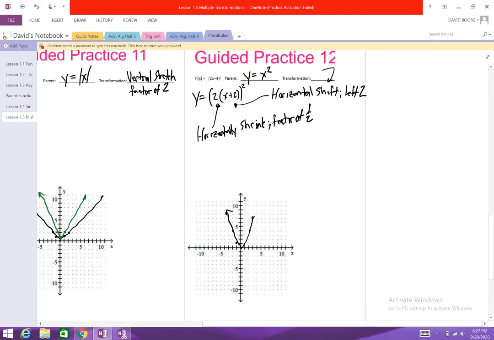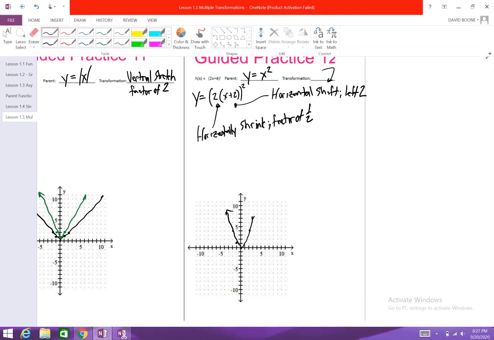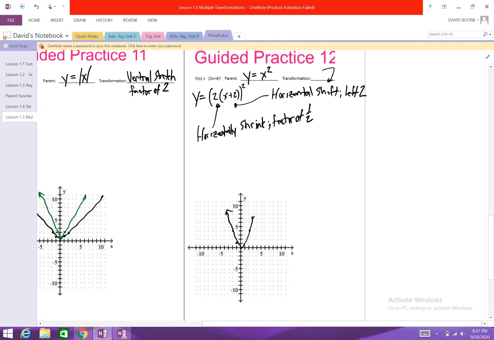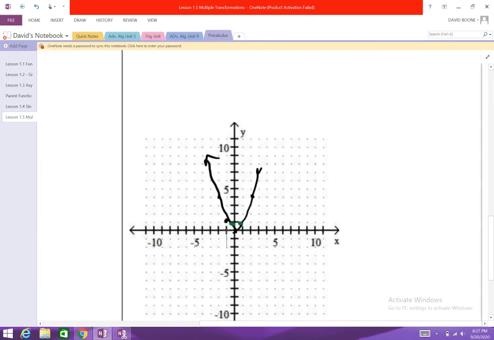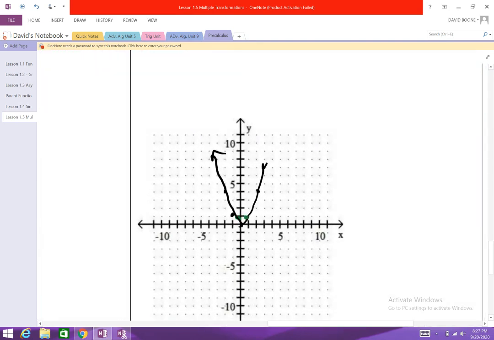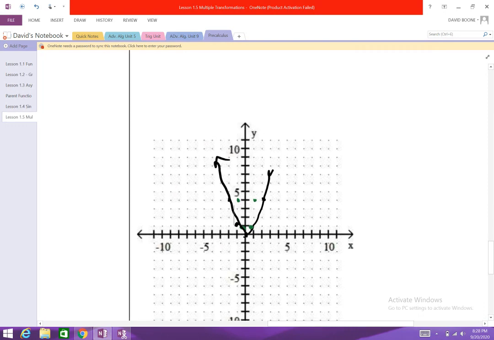So if I look here, this point that's at 1, 1 now would be at 1/2, 1. The same thing on this side, so it's kind of shrinking it in a little bit. If I blow it up a little, maybe we can see. And this one here, instead of being out to 2, is now at 1. So I'm just shrinking it horizontally. Vertically, I'm not doing anything. It's still got the same height.